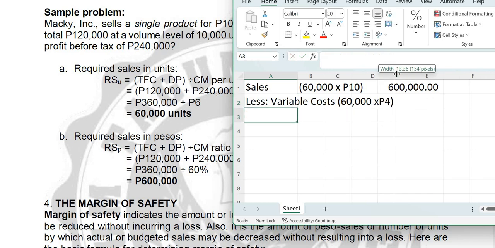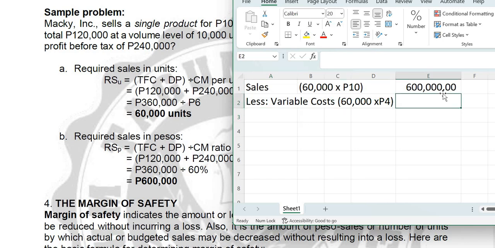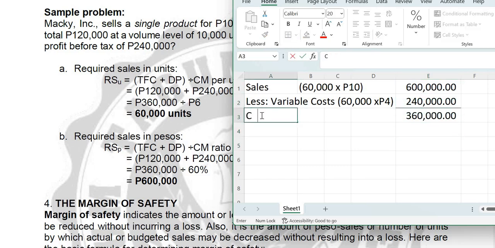So, it will give us 240,000. So, then you get the difference. So, ito yung difference natin. So, this is your contribution margin. So, you have 360,000.